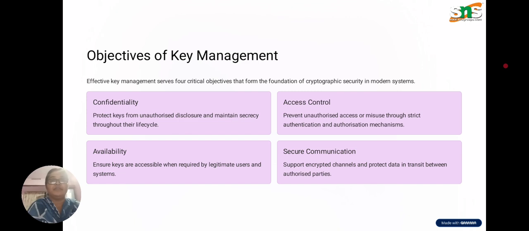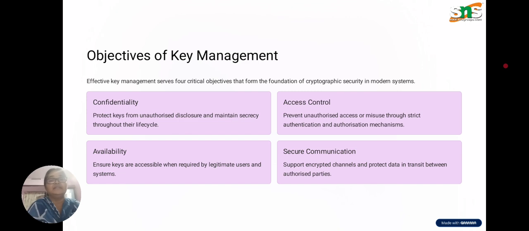Access control is about accessing the keys: only authorized people or systems should use the keys, not others. Next is availability. Availability ensures the keys are accessible when required by legitimate users and systems. That is, the keys should be available when needed and should not be lost or inaccessible.